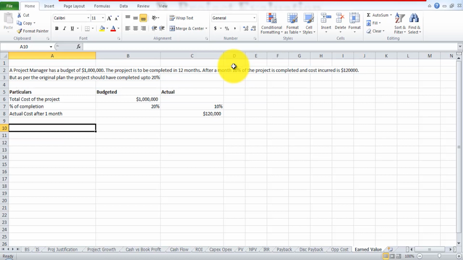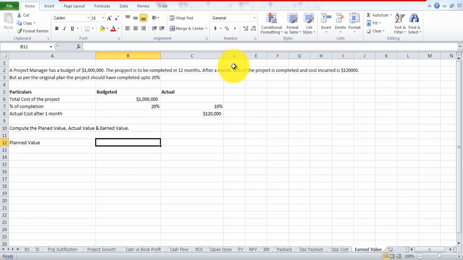Now we're going to compute the important figures which we had discussed: the planned value, the actual value, and the earned value. How are you going to compute the planned value?